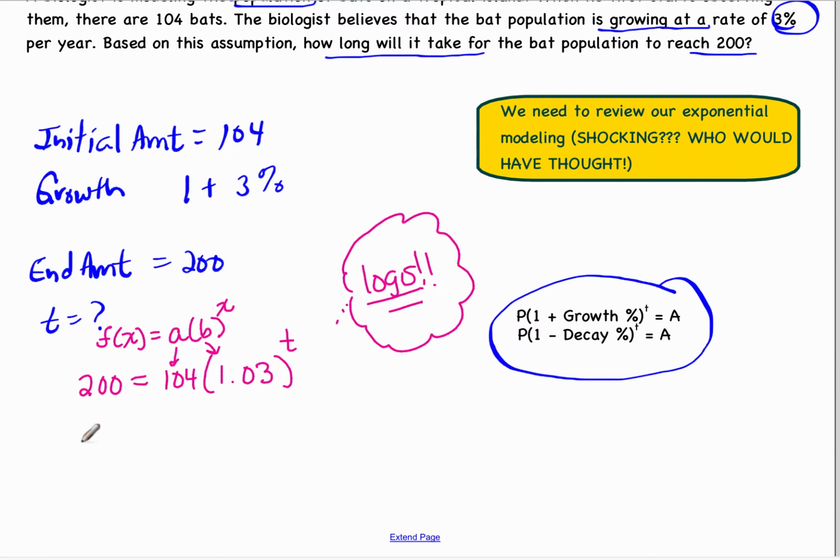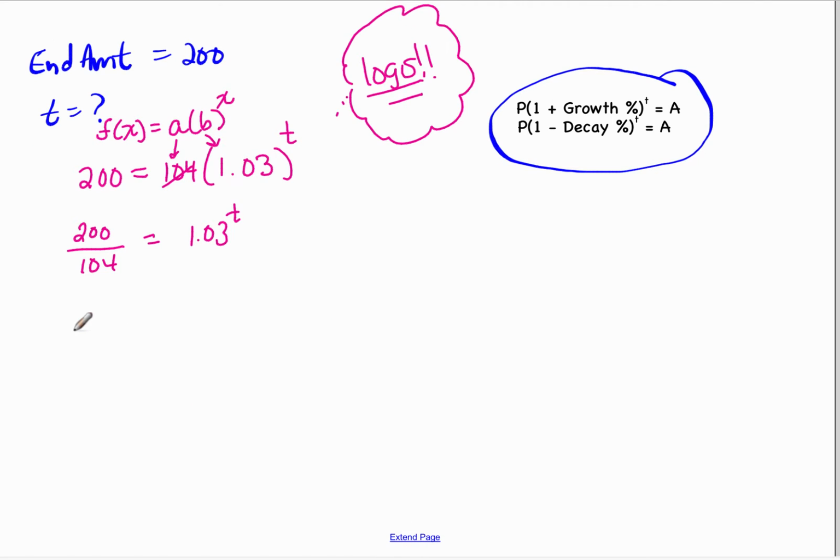I'm going to clean it up a little bit first because I'm trying to isolate that t. I'm going to divide by 104 to get rid of that 104. Now I'm going to enter in my logarithms. I'm going to work with the exponents of the left side.